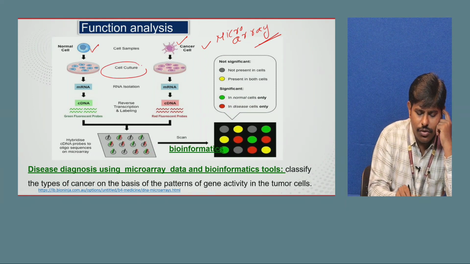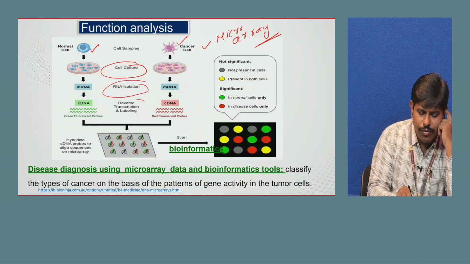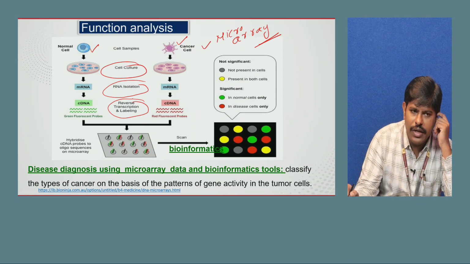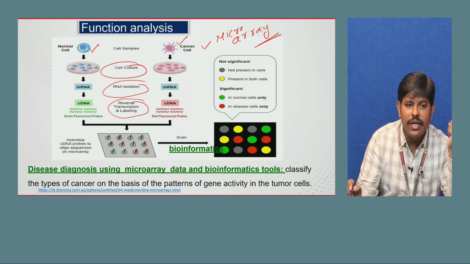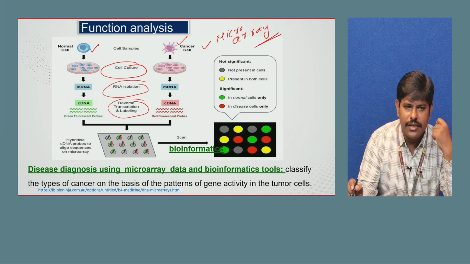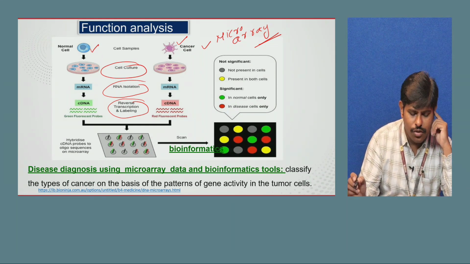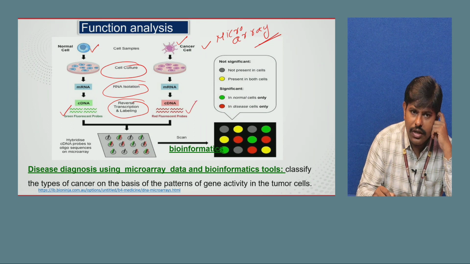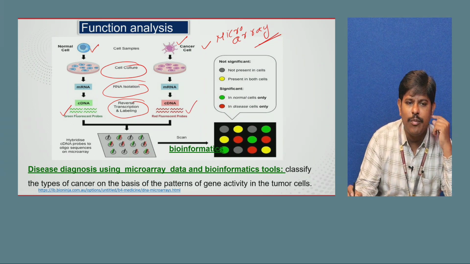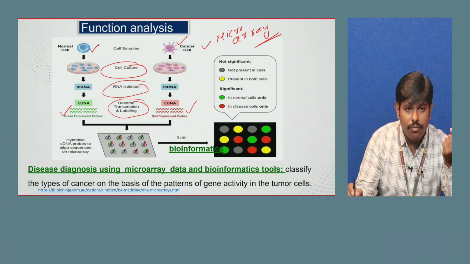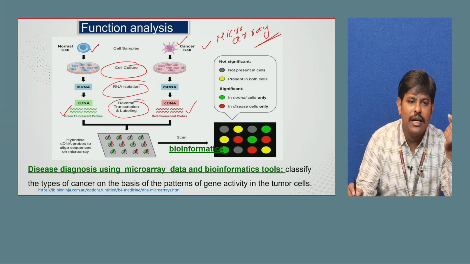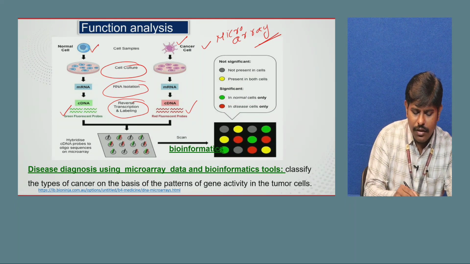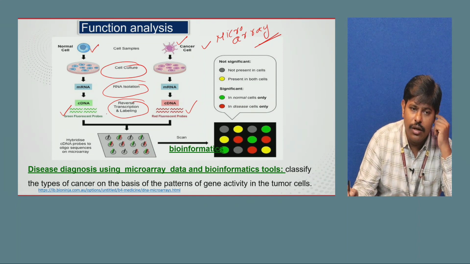The 2 different cells are cultured, and then RNA is isolated, and this RNA is converted to cDNA, the copy DNA or complementary DNA, and then the copy DNA is labeled with coloring agents such as fluorescent probes. So we can use green fluorescent for normal cells' DNA and red fluorescent for cancer cell DNA, and then this DNA is hybridized to pre-designed DNA glass slides called DNA chips or microarray chips.